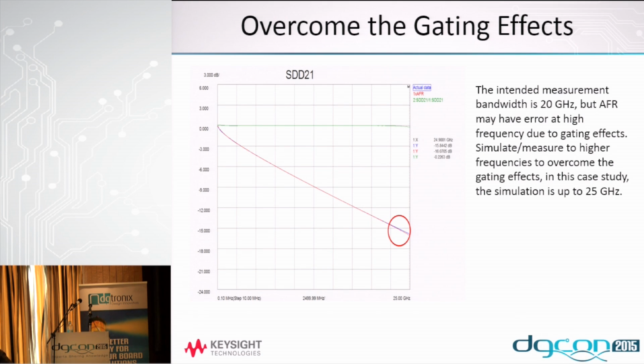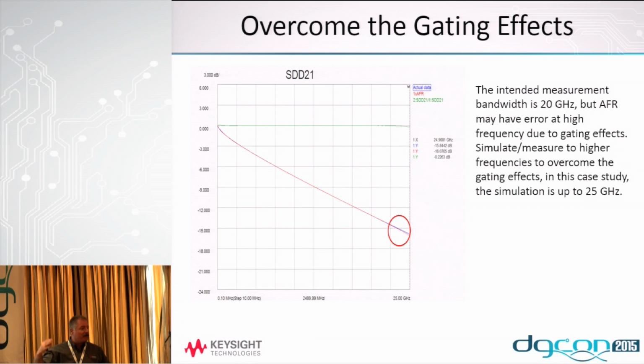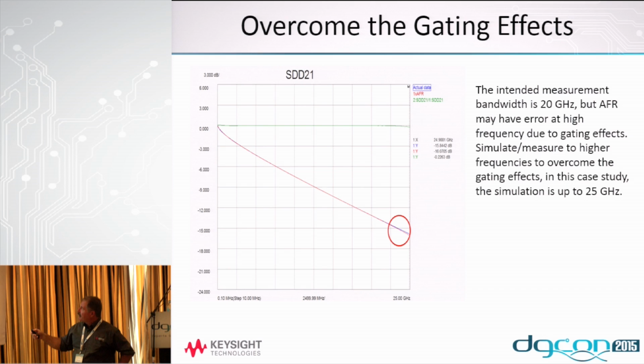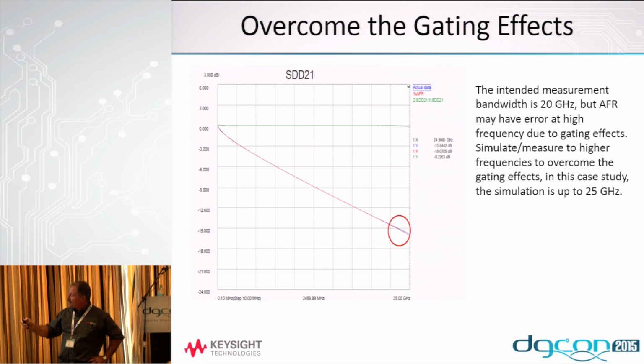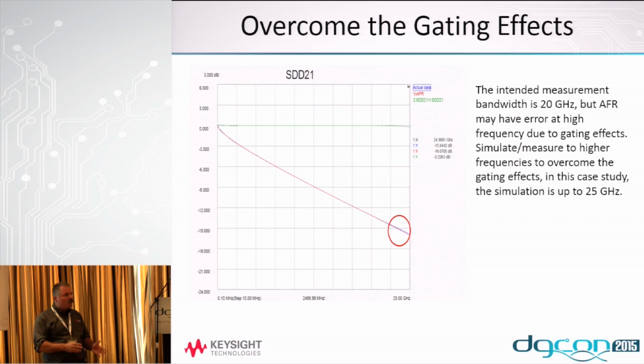And this green line here is just the difference between the two in dB. So we just divided one by the other. And so you can see up to 25 gigahertz, we found that if we knew we needed results up to 20 gig, we would test it up to 25 and then truncate. And so the idea is that if you have extra bandwidth in your test equipment, this is a good thing, and take advantage of it.